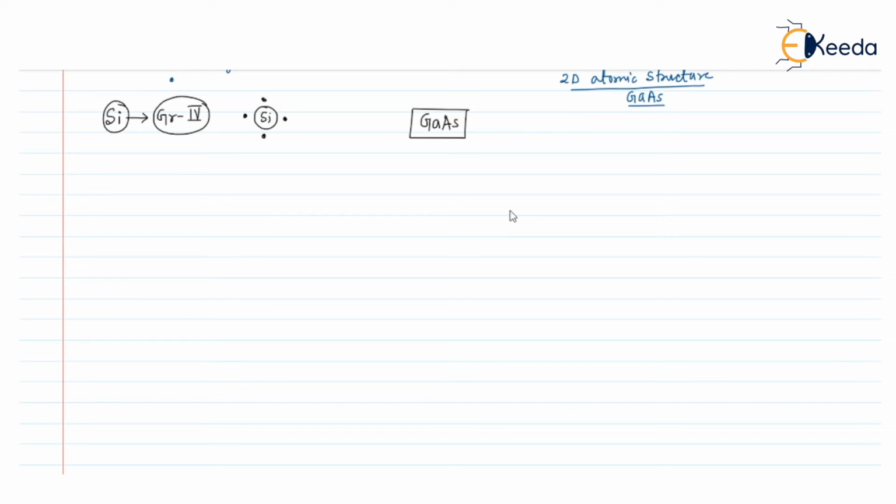So if we dope this gallium arsenide with silicon, and this silicon has 4 electrons in the outermost orbit, and if this silicon replaces the group 3 element in the gallium arsenide, that is the gallium atom, then silicon will act as a donor impurity.